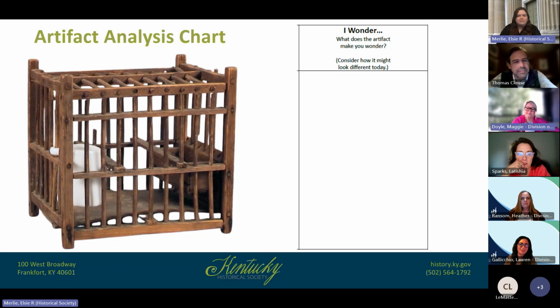But I was wondering about that. That's a great wondering. I've not seen this artifact in person. I'm assuming as well that it has a hatch somewhere. It just might not be visible in this picture. But I will definitely take a look and see if I can find it in our archives, and maybe I can get an answer to that.